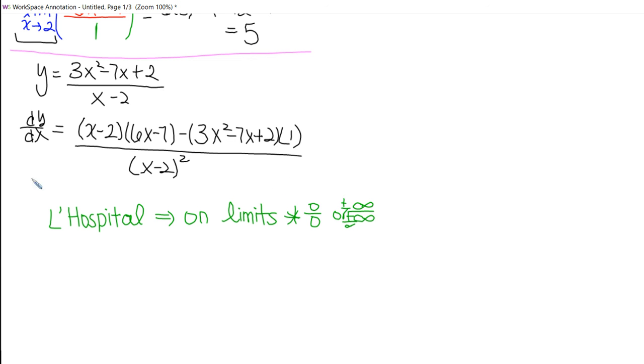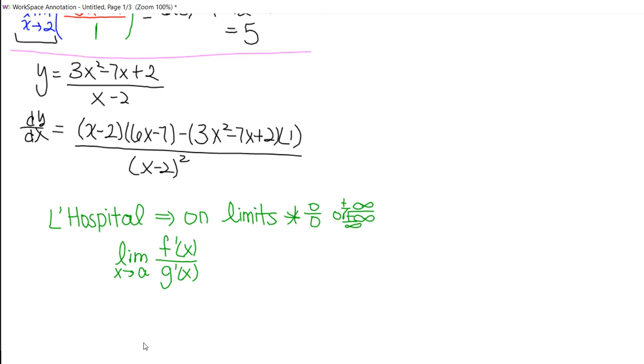That's when you do it. So when you use L'Hopital's rule, you're still doing the limit as x approaches some number. You're taking the derivative of the top and the derivative of the bottom separately.